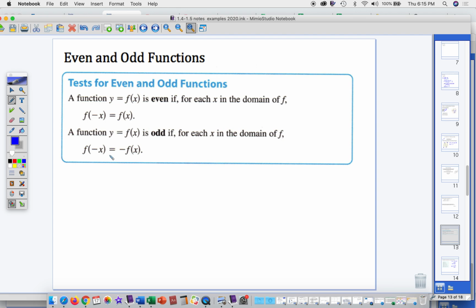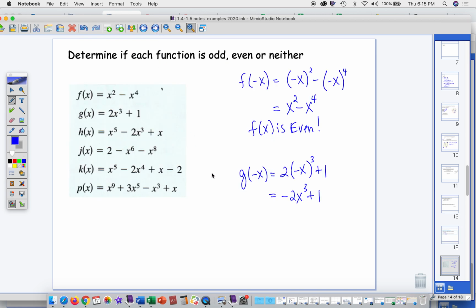Those are my two choices, that either I get the same function or the opposite of the function, meaning every sign is opposite. So that means that g of x is neither. So we have even functions, odd functions, and sometimes they're neither.